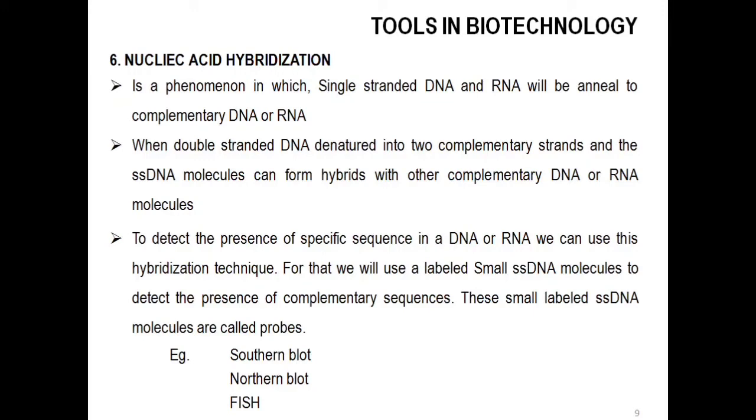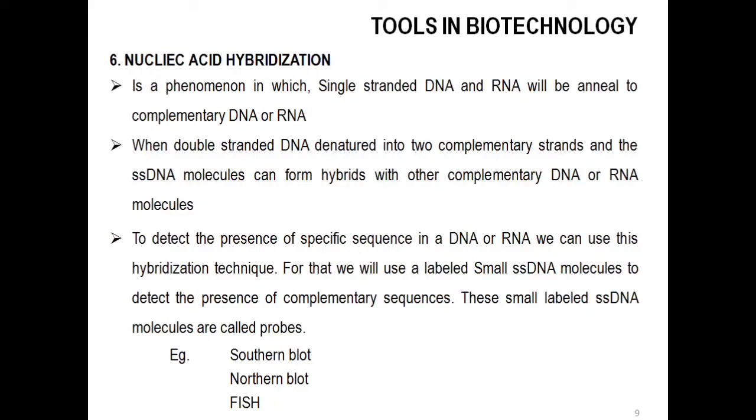That small DNA is labeled with a fluorescent dye or a radioisotope, and this small DNA fragment will bind to the specific DNA sequence present in the target DNA. If it binds, it will produce fluorescence or radiation, so we can understand that the defective gene sequence is present there.